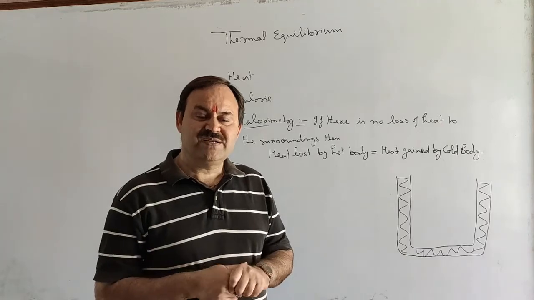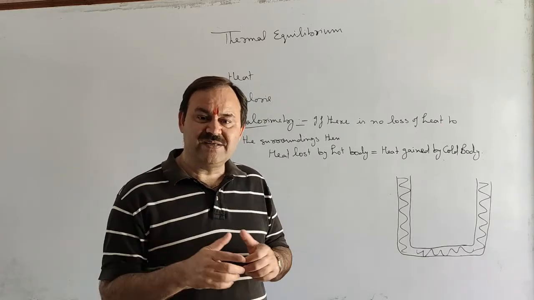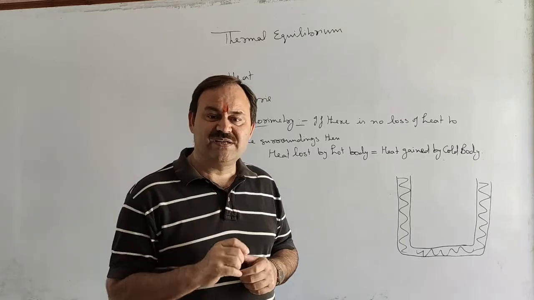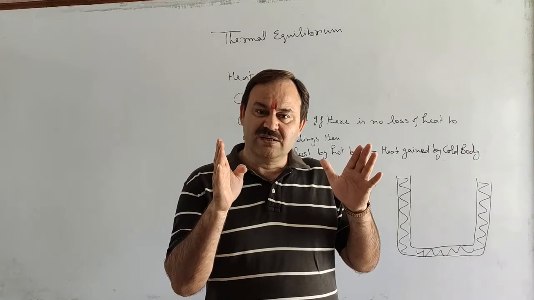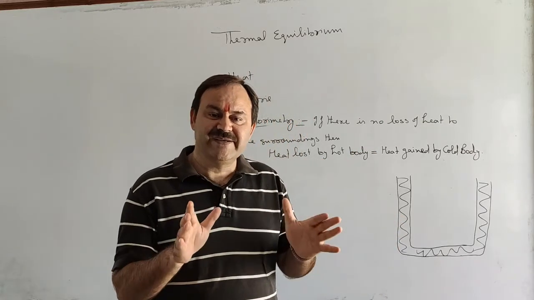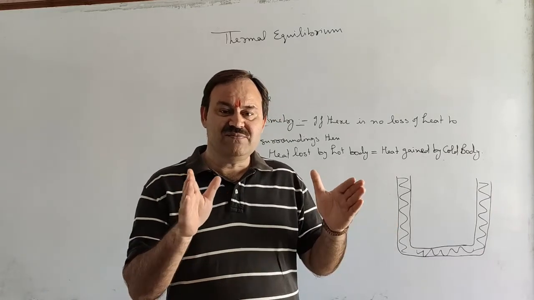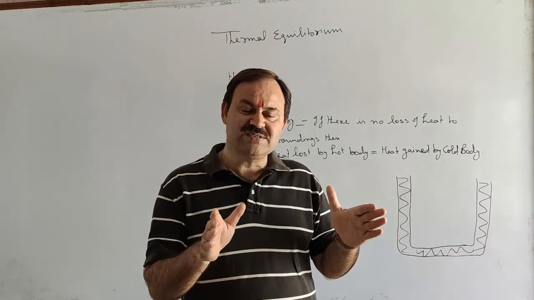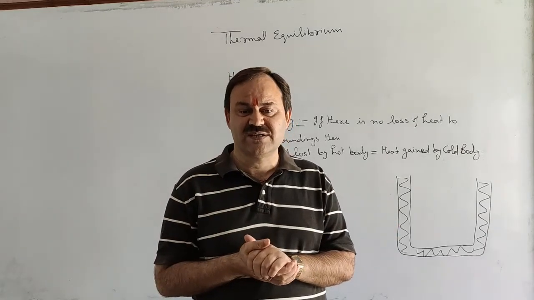During change of state, the heat utilized, that is, the latent heat, is always utilized in breaking the intermolecular bonds, that is, in increasing the intermolecular separations, and if intermolecular separations increase, then potential energy of molecules increases.